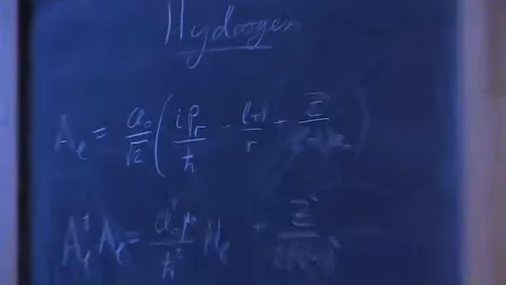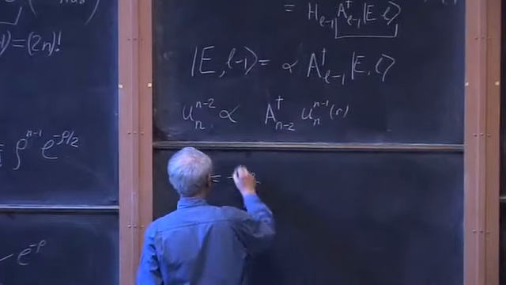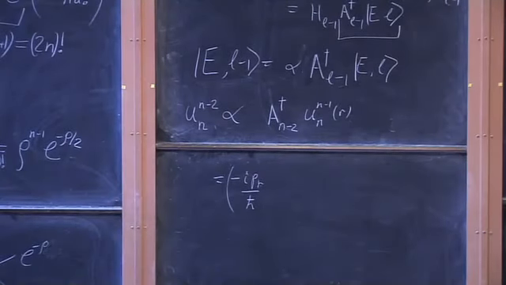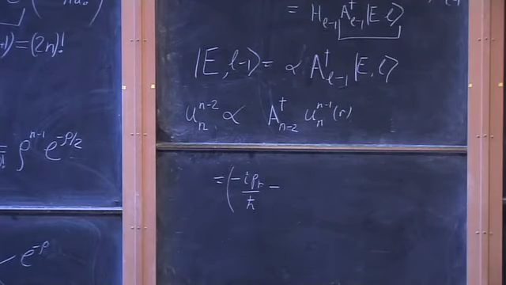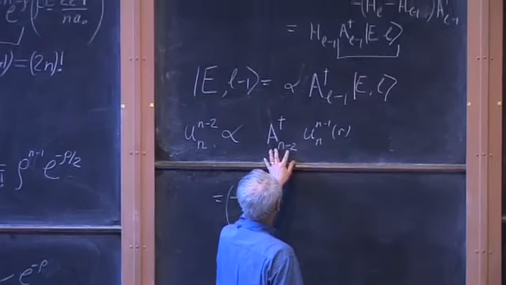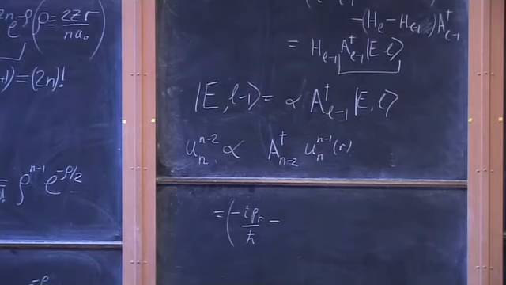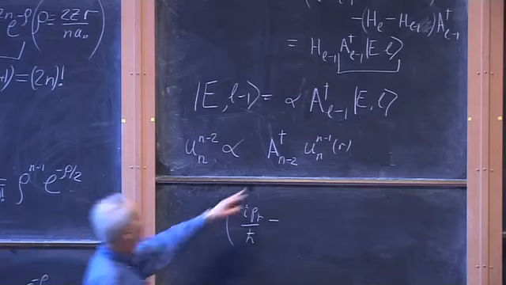So this is equal to minus i p_r on h bar minus, now what's L? We put L equal to n minus 2. Yes, this is L. It's been put equal to n minus 2, and I'm supposed to have L plus 1 there, so I'm supposed to have 1 more than this.